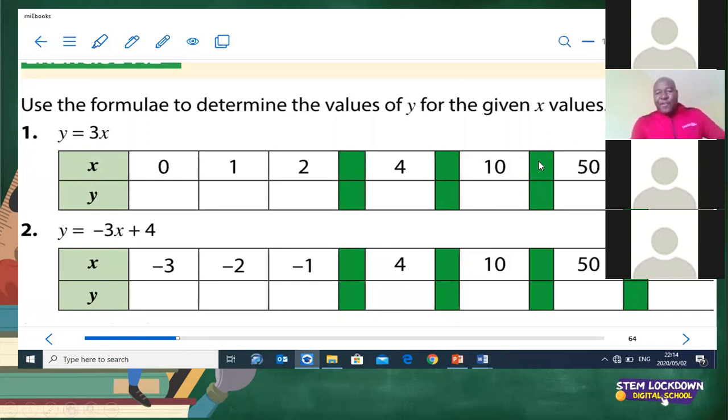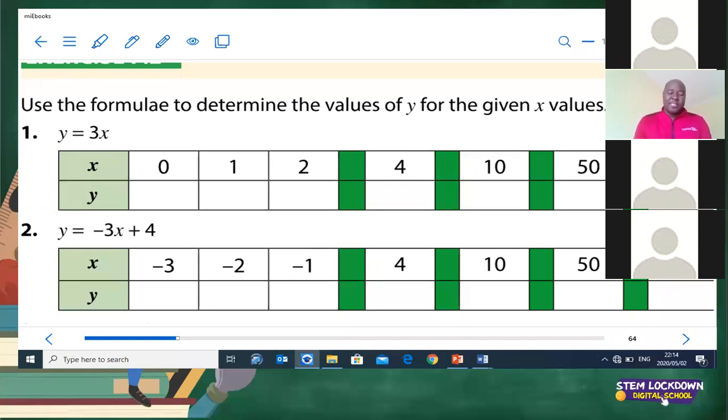Now, if x is 50, what then will be the value of y? Let's go to Sarah. It will be 150.